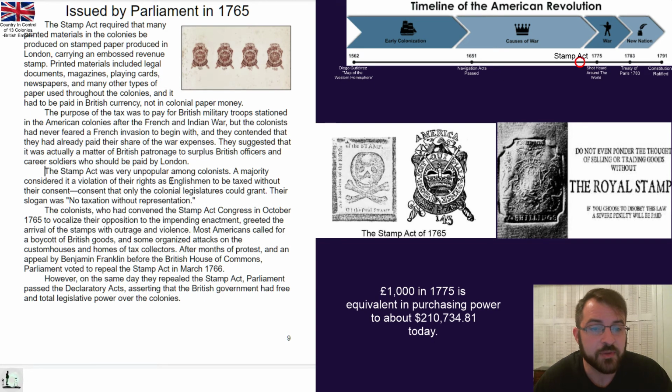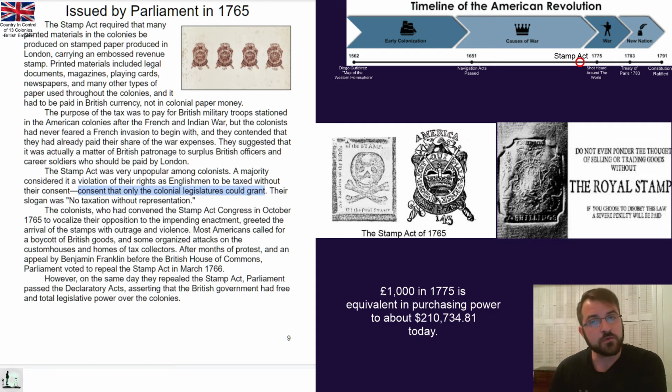So the Stamp Act was very unpopular among colonists. A majority considered it a violation of their rights as Englishmen to be taxed without their consent. They still thought of themselves as Englishmen. They do not think of themselves as Americans yet. And as an Englishman, the legislators could only tax you if you had consent, consent that only the colonial legislators could grant.